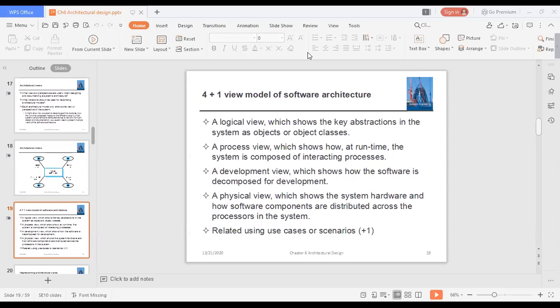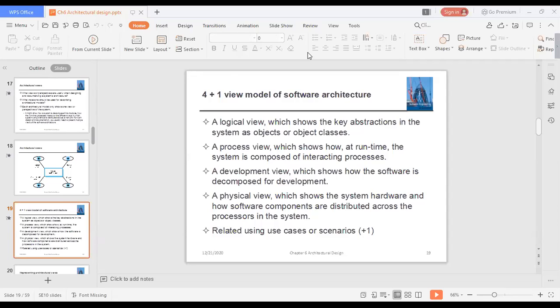A development view which shows how the software is decomposed for the development. Those chunks are what we call the different components, or what we call the functions.